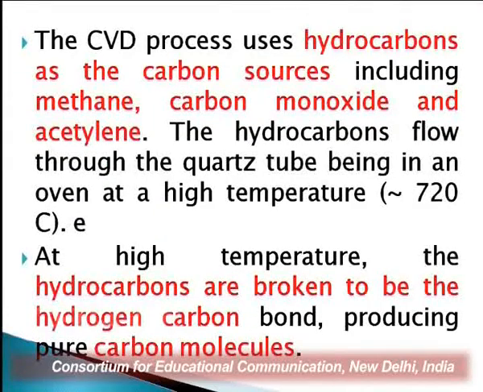Now the second step: the CVD process uses hydrocarbons as a carbon source, which include methane, carbon monoxide and acetylene. These hydrocarbons flow through the quartz tube in an oven at the high temperature of 720 degrees centigrade.